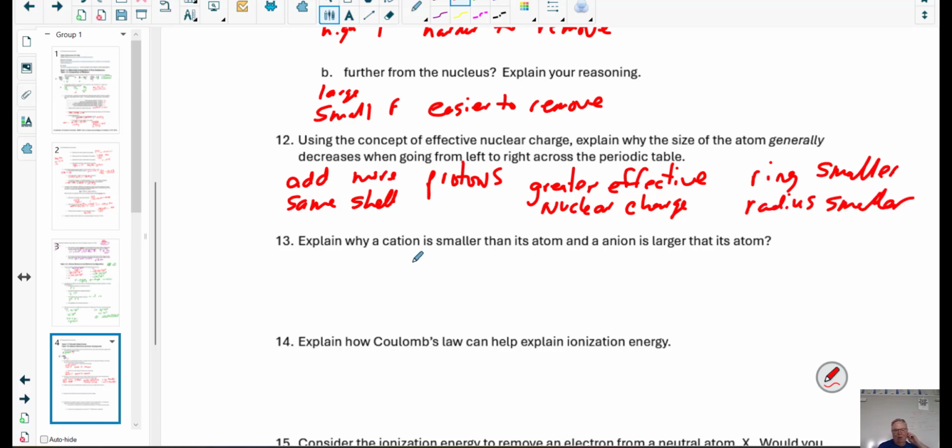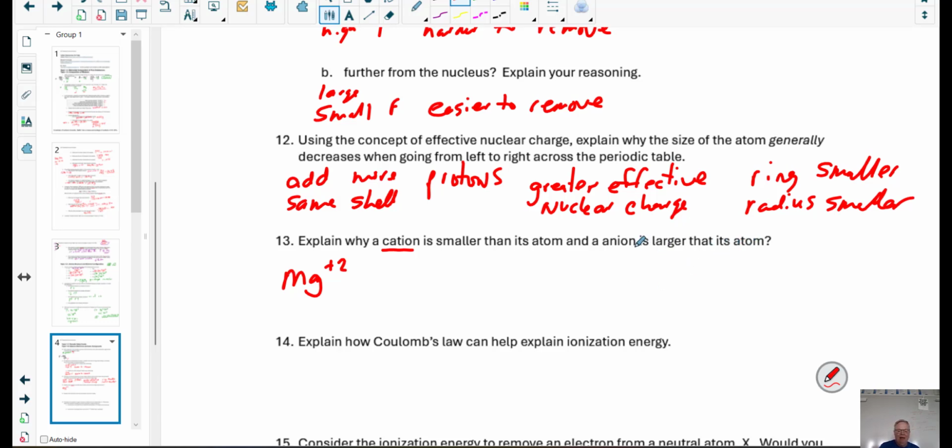Okay? Here, why is a cation smaller than its atom and an anion is larger? So first off, let's just remind ourselves, what is a cation? A cation is anything with a positive charge, like the example of magnesium plus 2.